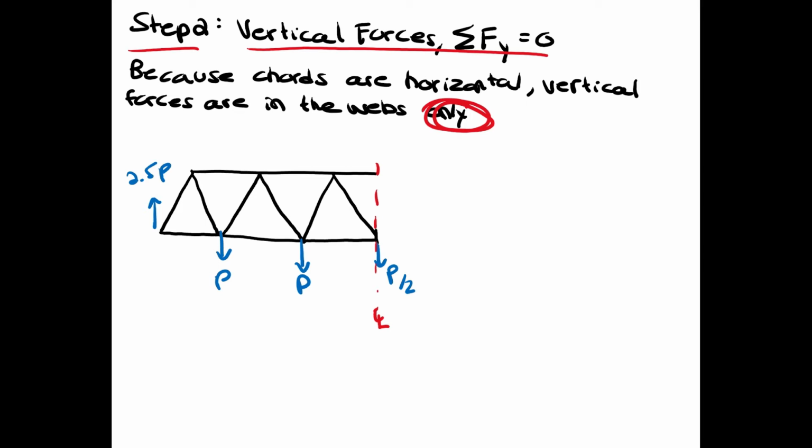Okay, so what we want to do is set up this little staircase of what is happening to the forces as we go from joint to joint. So we start off with 2.5 P of an upward force, but then as we move to this joint, because this force is acting in an opposite direction, and this is assuming that the positive direction is up, we are subtracting P from this.